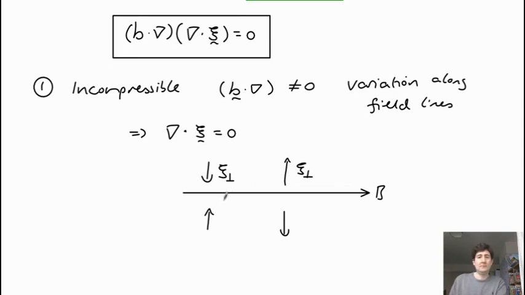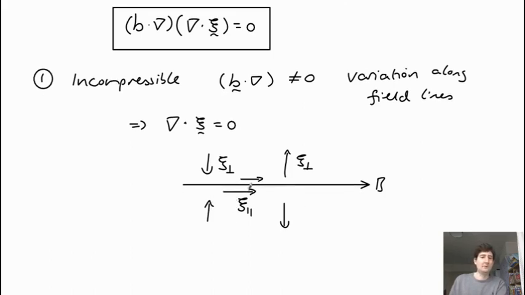What can happen is that the plasma can flow, psi parallel, which can move along the field lines, and so as plasma is compressed in this region, the plasma flows out along field lines and then out in another region. And in this case, you can have divergence of psi at 0, because this flows whatever it needs to be to make the plasma go around in a circle.